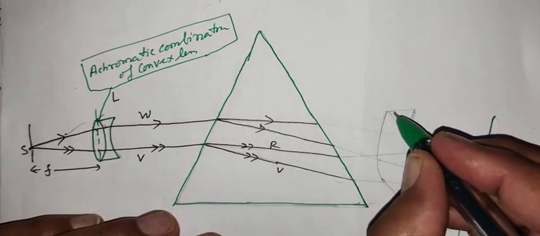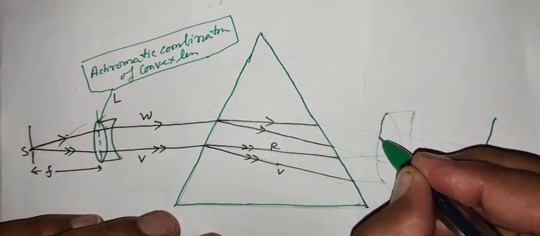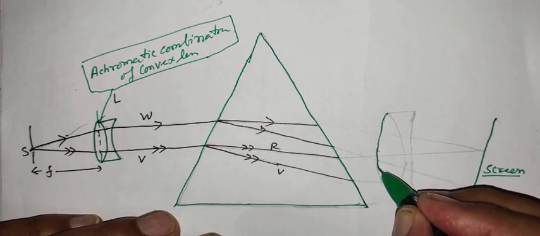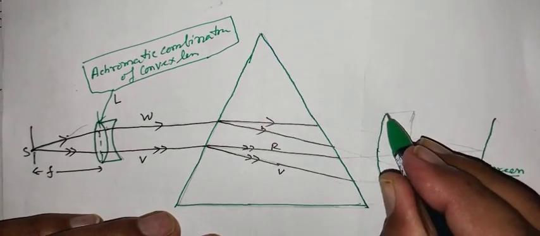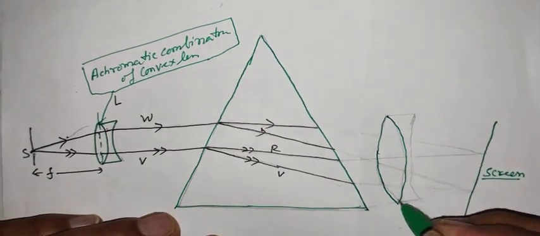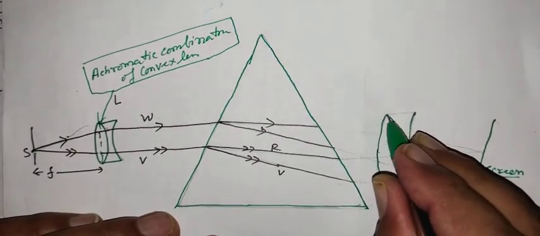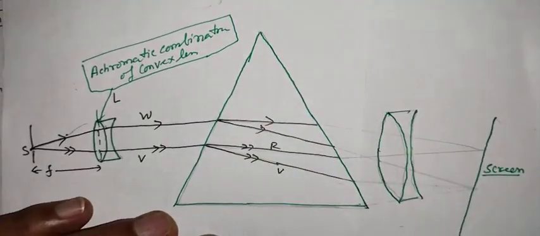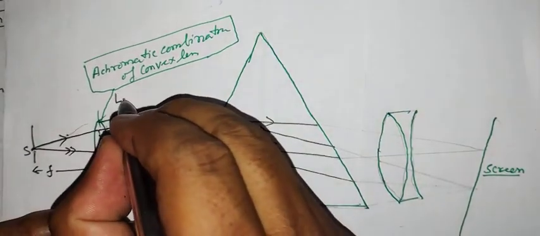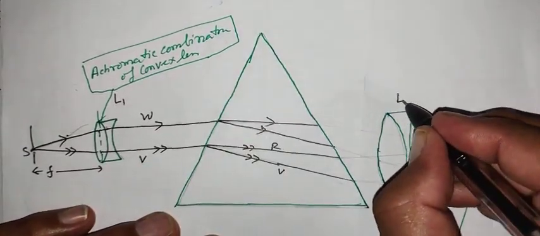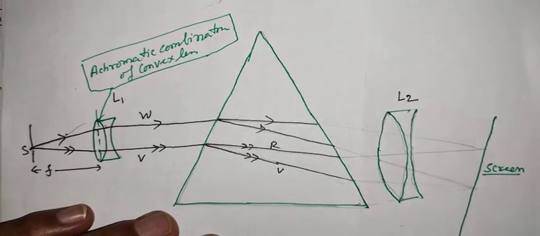Now see, we are using one more achromatic combination of lens. In the same way, let the first achromatic combination be represented by L1, and this one by L2. What does it do?